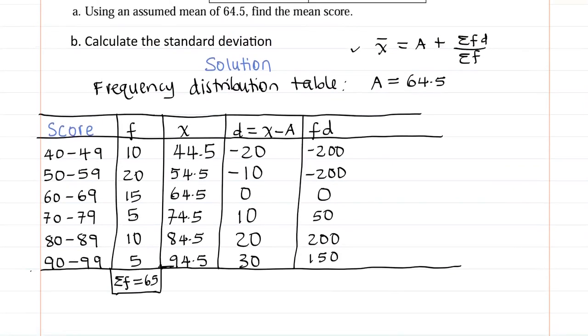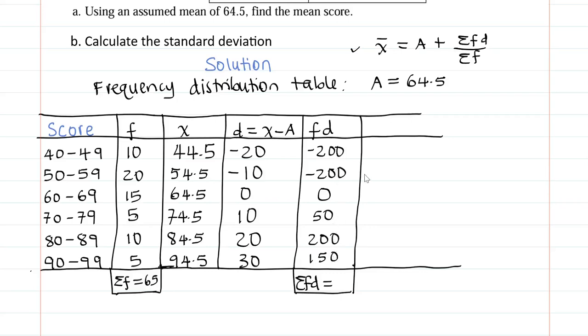That is our FD, frequency times the deviation. So from here, let me complete my column. In the formula, we are supposed to get the summation of FD. So put here summation of FD. And then we add all the values in this column.